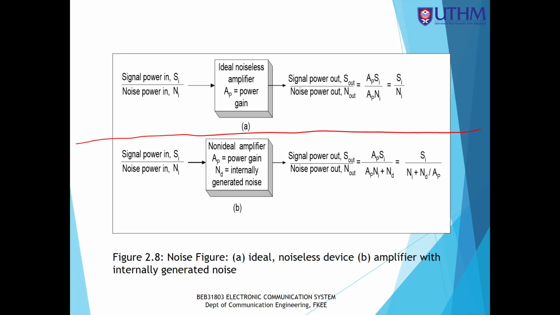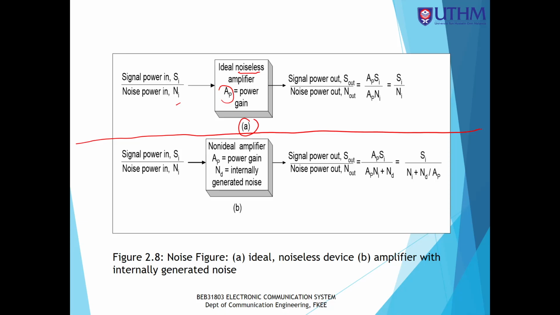So let's look at picture A. We have the input signal power and the input noise power, put inside the amplifier. The amplifier has a power gain of AP. And this amplifier is a noiseless amplifier, which means that this amplifier does not produce additional noise within the amplifier itself.